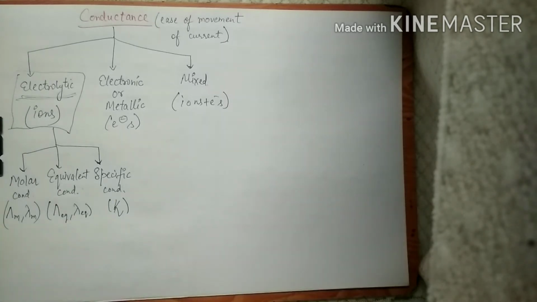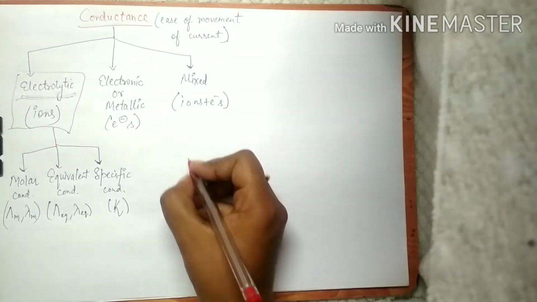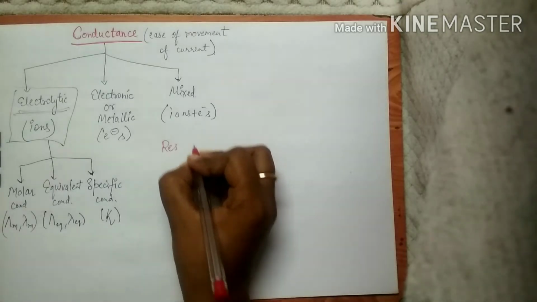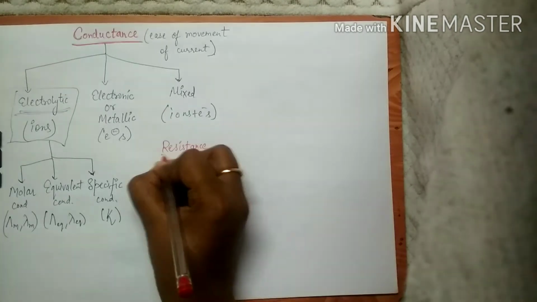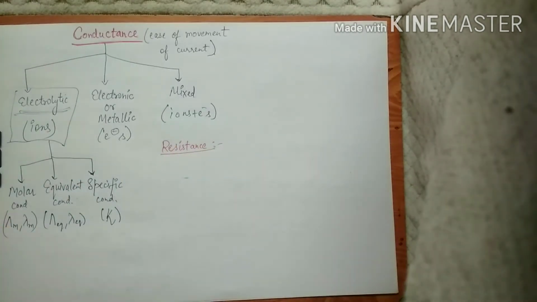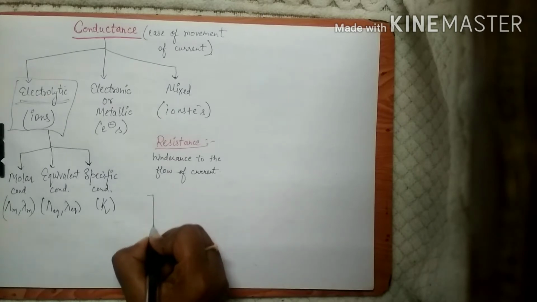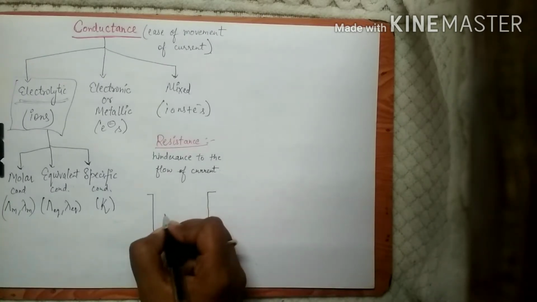So now we'll first study about resistance. What is resistance? Resistance is basically hindrance to the flow of current. Consider a beaker.